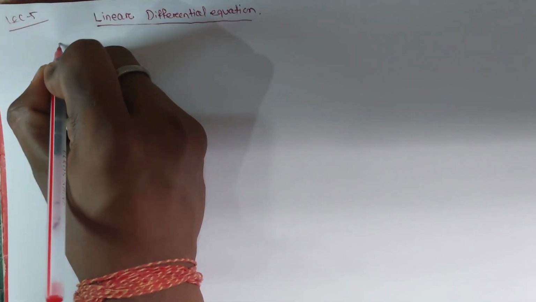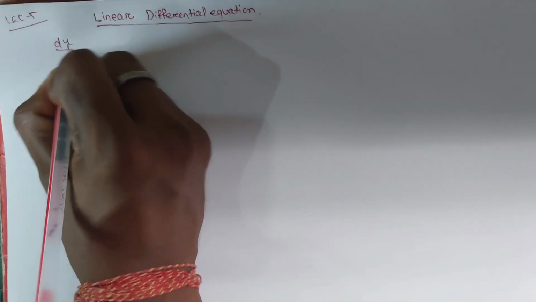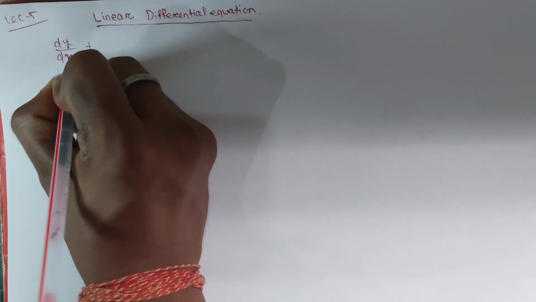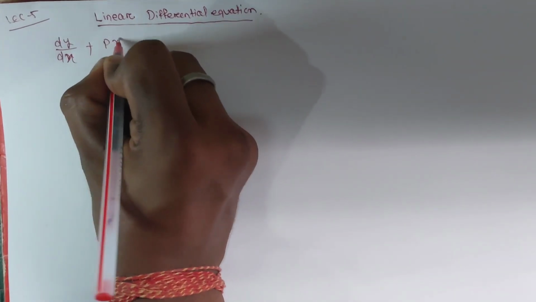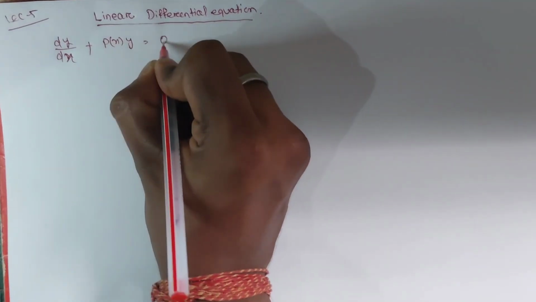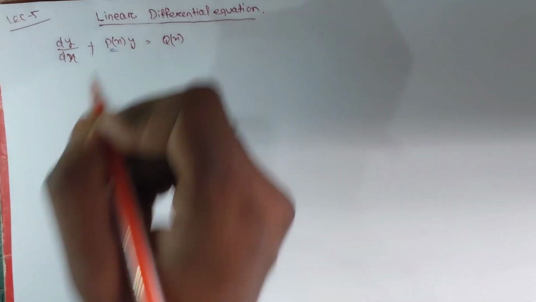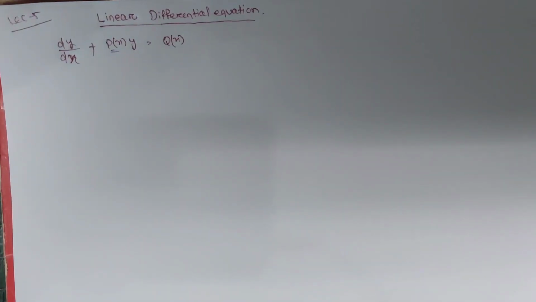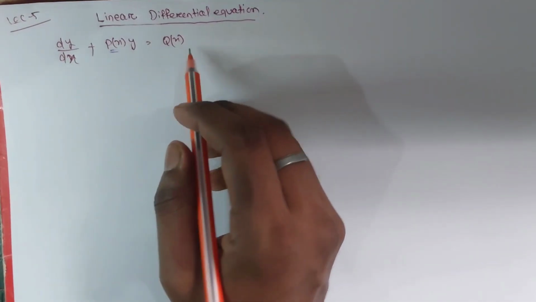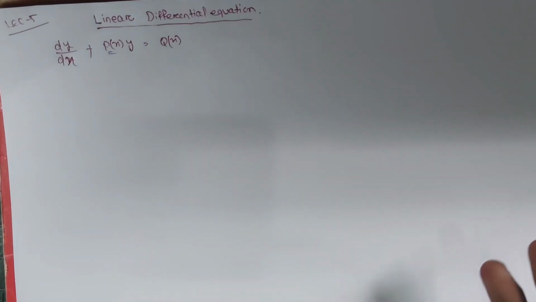should be 1. So let us write dy/dx + P(x)y = Q(x). It is the general form of a linear differential equation, where P(x) may be a constant or a function of x, and Q(x) may also be a constant or a function of x.